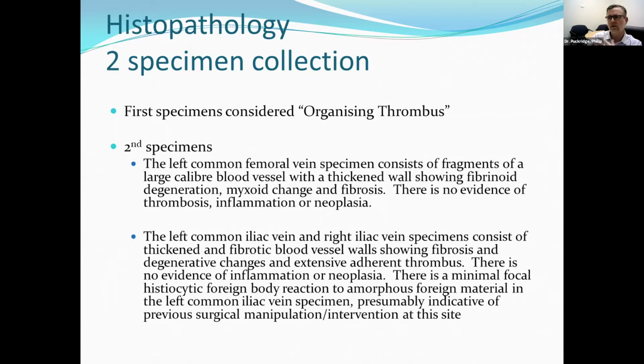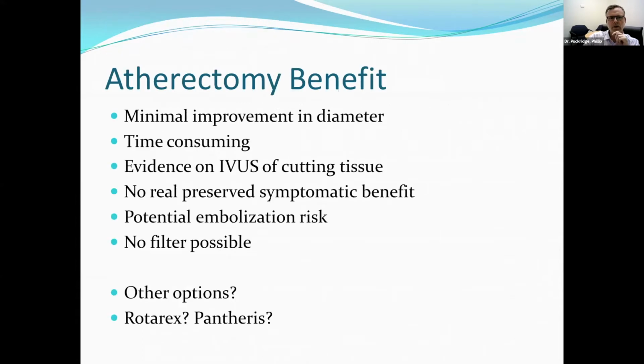When they looked at the second lot of specimens, they said there's blood vessel wall with fibrinoid degeneration, myxoid change and fibrosis, but very bland material, very difficult to indicate what is happening there and whether it's truly a neointimal hyperplastic response like you have in arteries. I don't think on histopathology you'd be able to tell.